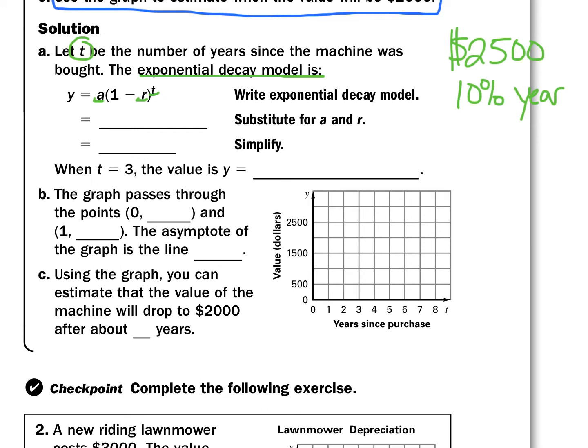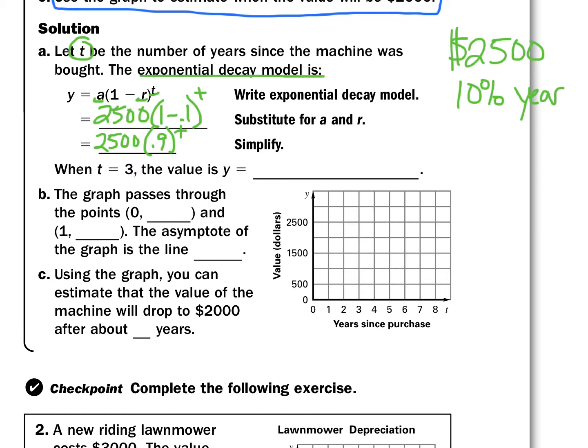So we substitute in for A and R. A is $2,500 times 1 minus 10%, which we convert into a decimal, 0.1, raised to the T years. We leave that as T for now. Simplifying, we get 2,500 times 1 minus 0.1, which is 0.9, raised to the T power.